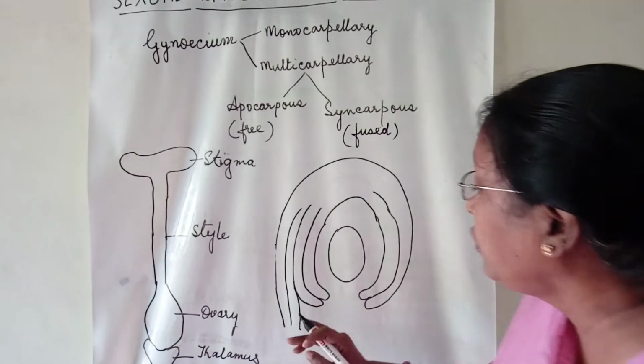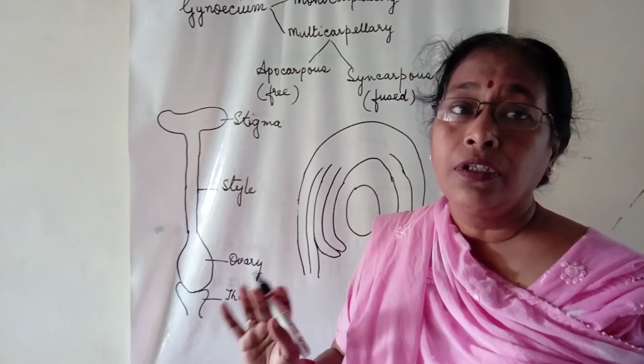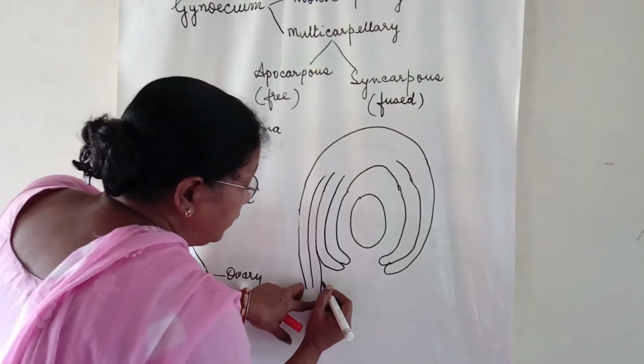The stalk by which the ovule is attached to the placenta is known as funicle. So this is the funicle here.